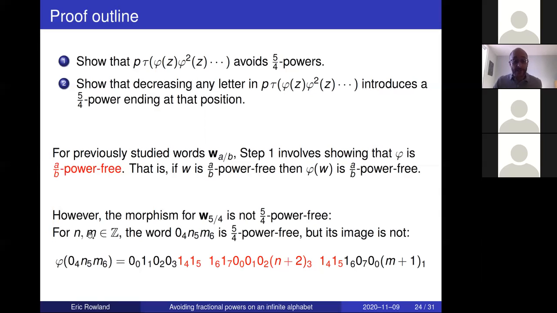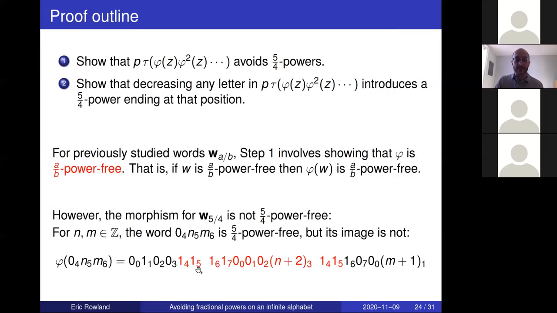For any integers n and m, we could take this very small word, 0 sub 4, n sub 5, m sub 6. This word is 5/4 power free just because it's too small to contain any 5/4 powers, but its image does contain a 5/4 power. So its image is this. I know you don't remember the morphism, but you can sort of figure out what it's doing. So 0, 4, the subscript 4 means the background is going to be these first 5 letters, and then it's going to increase the 0 to a 1.